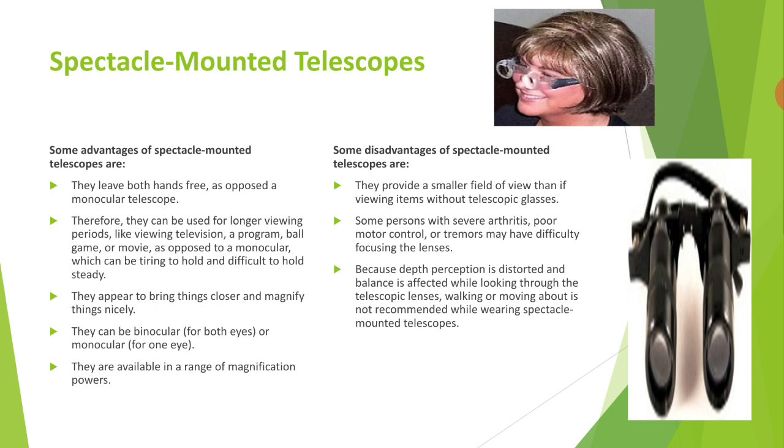So patients with motor control problems will find this hard to use. Because depth perception is distorted and their balance is affected while looking through the telescope lenses, looking or moving about is not recommended while wearing a spectacle mounted telescope.